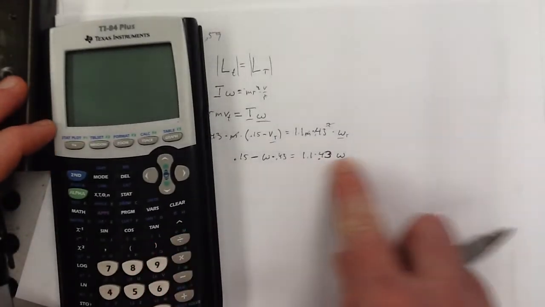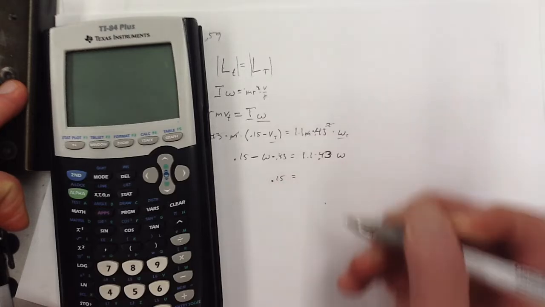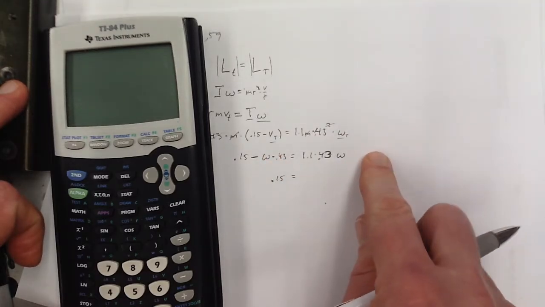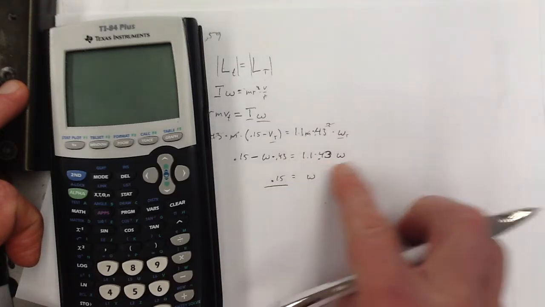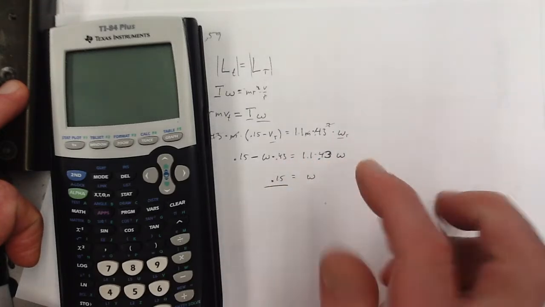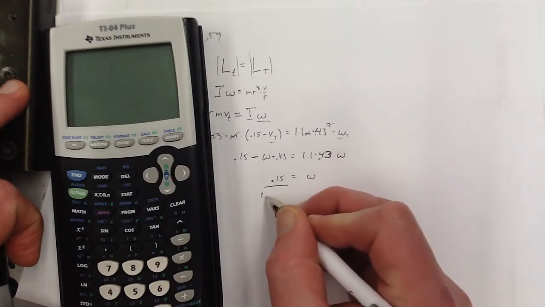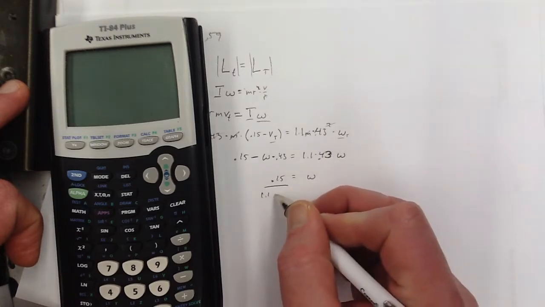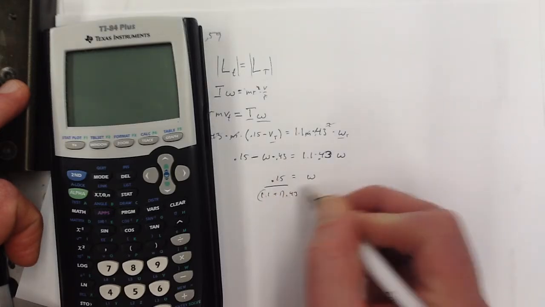So what do we end up with? I think I end up with, after doing a little bit of math, that omega is equal to 0.43 times 1. So it looks like I have 1.1 plus 1 times 0.43. You can check my algebra there.